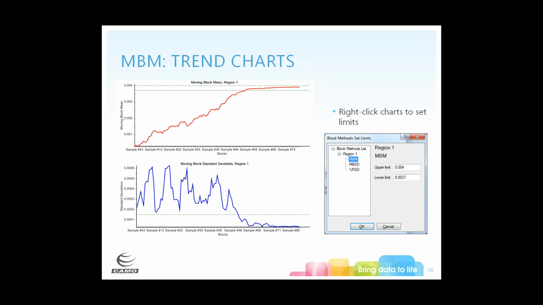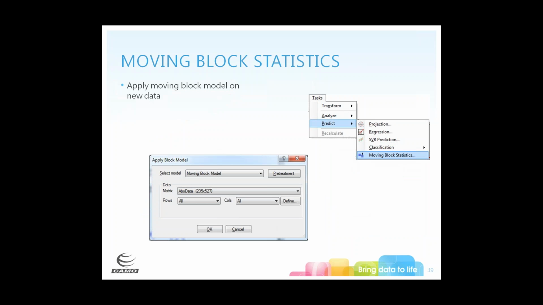So if this is a blending process, for instance, then the blending can be assumed to be complete. And similarly, you trend at the same time the standard deviation, which is given in the lower plot, and you specify a similar limit for the standard deviation. And then you can apply this moving block model on new data afterwards, and the same limits will be applied.